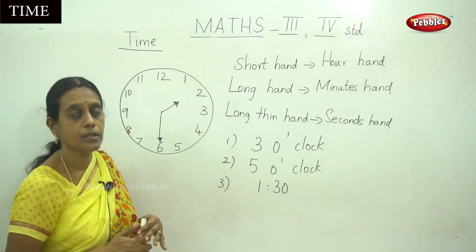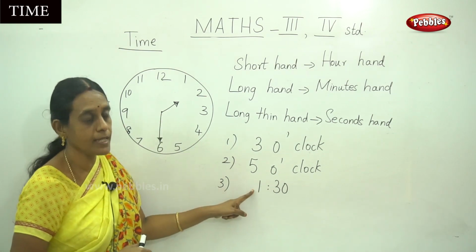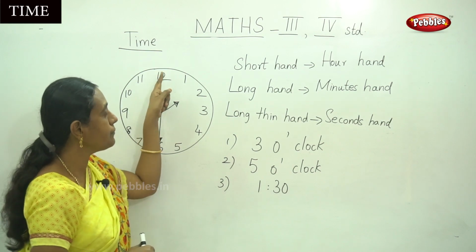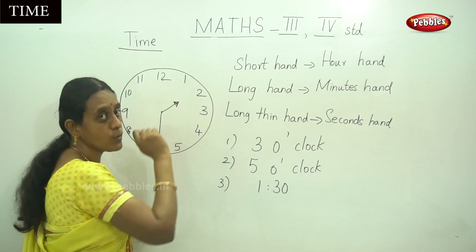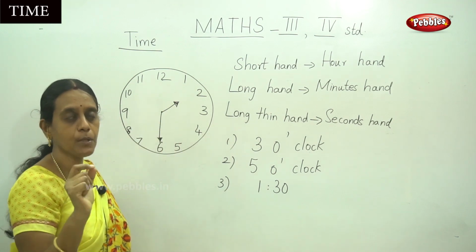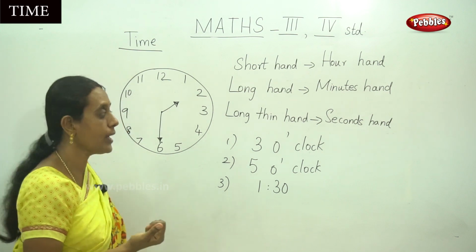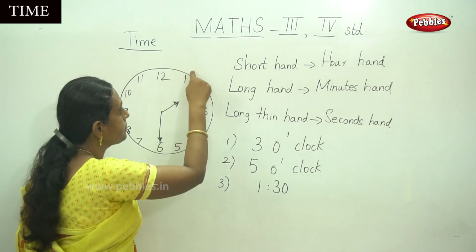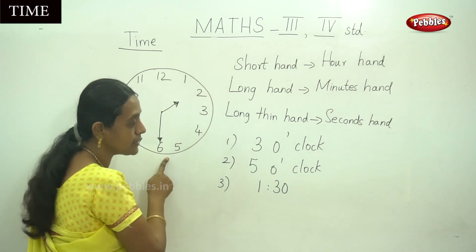Do you understand? Write down the hour hand first, and then the minutes hand. You have to calculate from the number 12, by skip counting or the multiplication table of 5. You already know, children: 5, 10, 15, 20, 25 and 30.